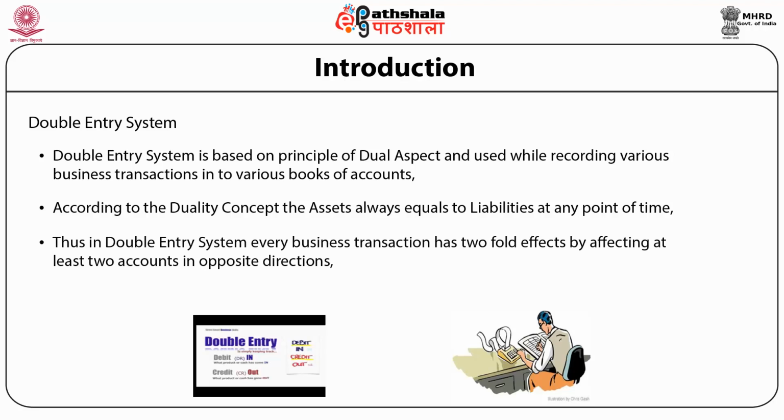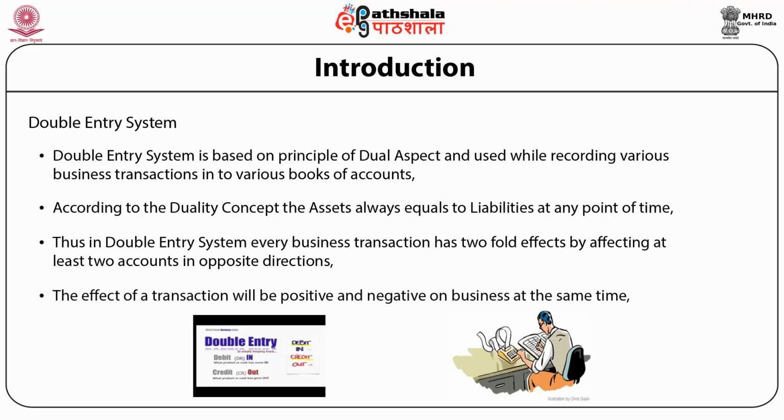Thus, in double entry system, every business transaction has twofold effects by affecting at least two accounts in opposite directions. The effect of a transaction will be positive or negative on business at the same time.